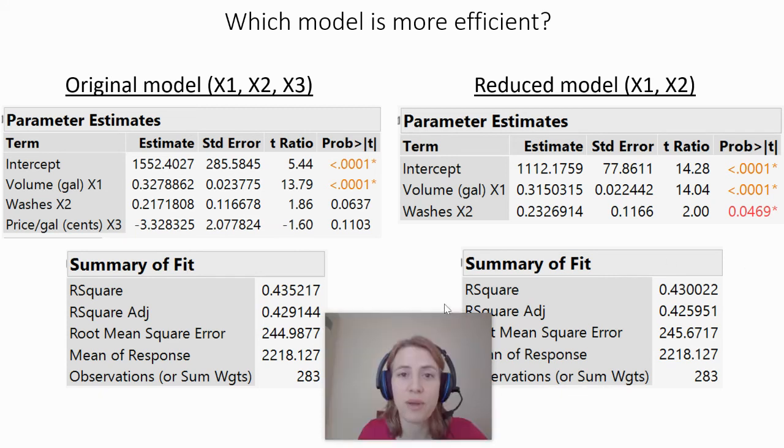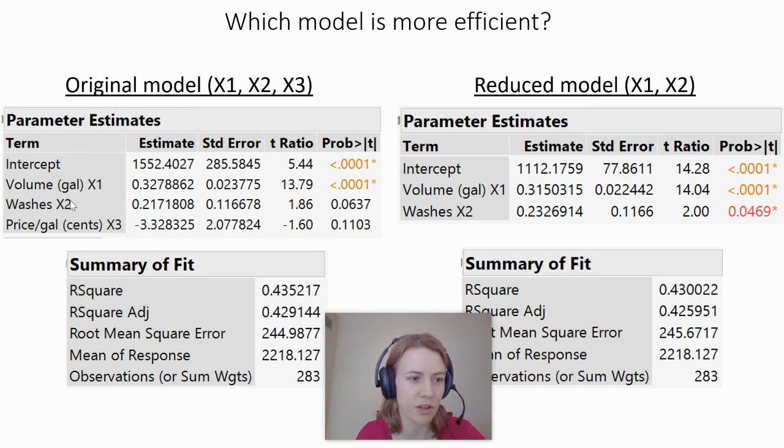All right, one last way that we can compare the 2 models would be with their root mean square error. So recall, this is the typical error of a prediction. On the left, this is about 245, almost 244.99. That would be in the units of Y, so this is dollars.